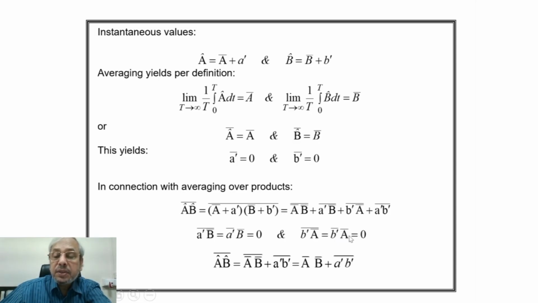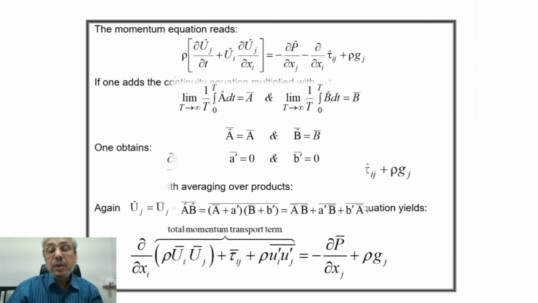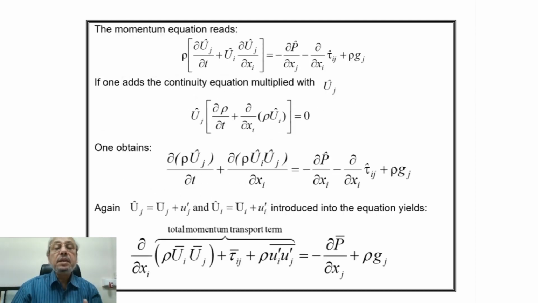So that is how this quantity will be 0, this quantity will be 0, but this quantity is non-zero, and it will produce A bar into B bar. This is what is usually called Reynolds decomposition, and we can apply this to the momentum equation.